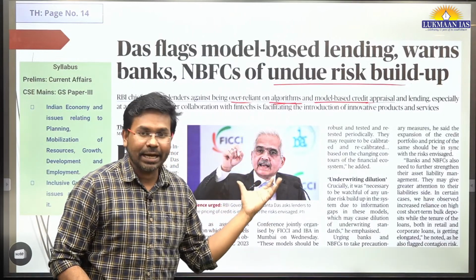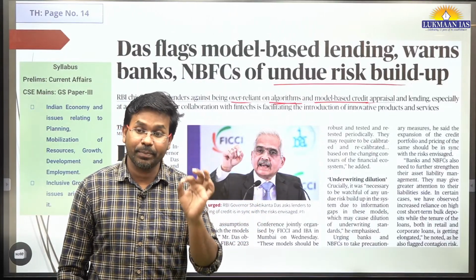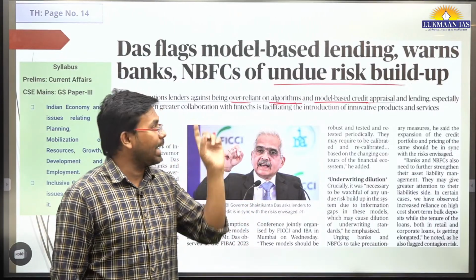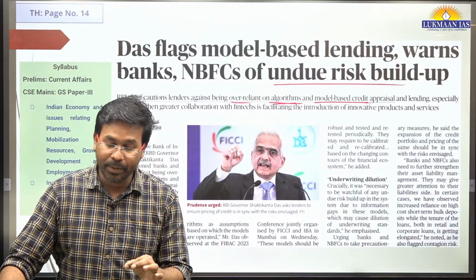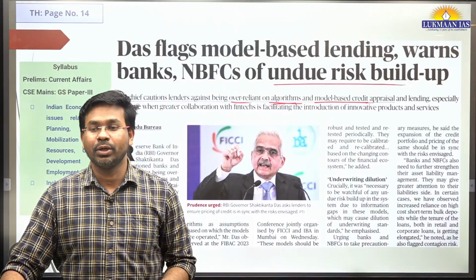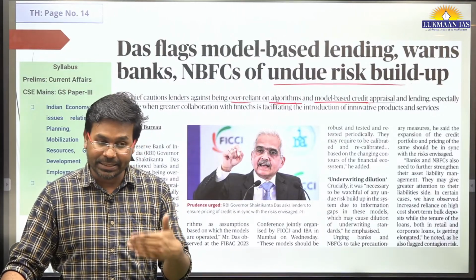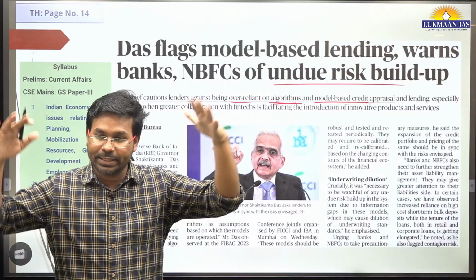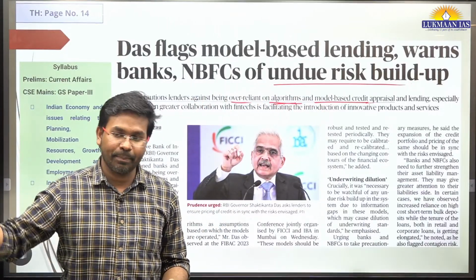Shaktikanta Das has said that banks and non-banking financial companies should not over-rely on algorithm and model-based credit appraisal, because this may pose huge risks to the financial sector. Already the financial sector in India is under some kind of risk because of external things that are not in India's control, because of wars happening, right?